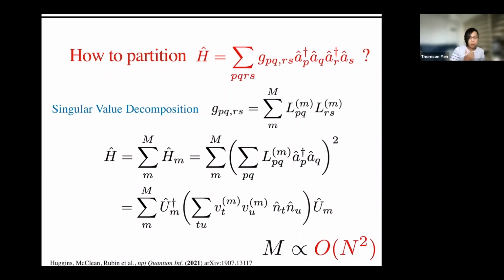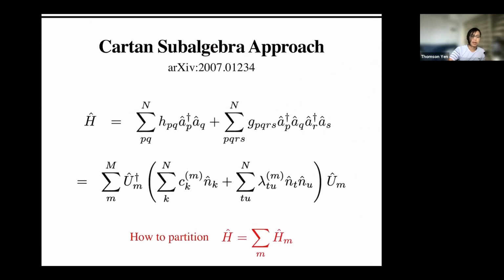But there are still ways to improve on this, and this is what we call the Cartan subalgebra approach. Cartan subalgebra is really just referring to the number operators here. We call it that because potentially you could write your Hamiltonian in another algebra, but in fermionic algebra, we're really going for what we said before: just unitaries and number operators at the center.